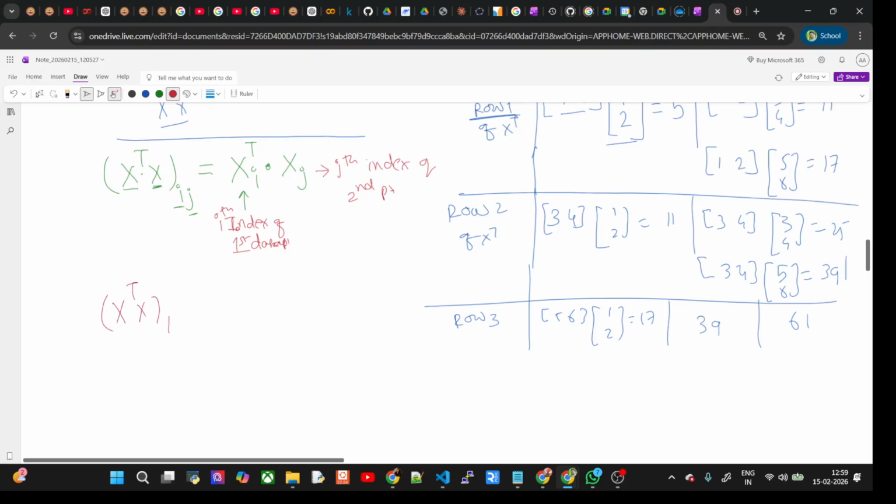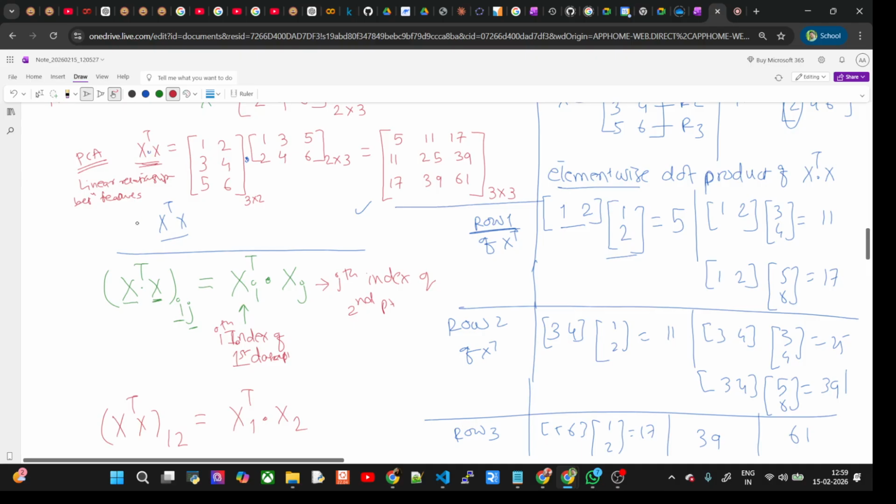So if somebody asks you for X transpose X of 1 comma 2, it means X transpose of 1 into X of 2. What is it giving? If you see here, it says the first row of X transpose and the second value of X, that is 3 4, and the value here is 11, correct, 11.